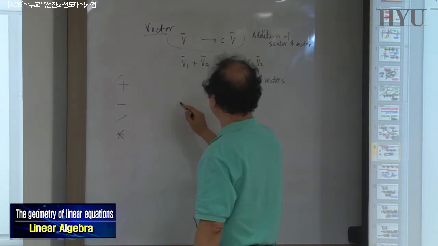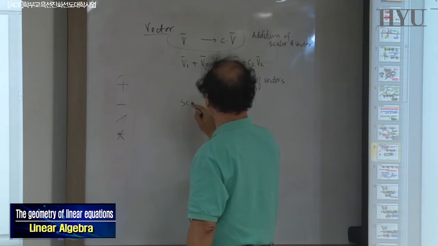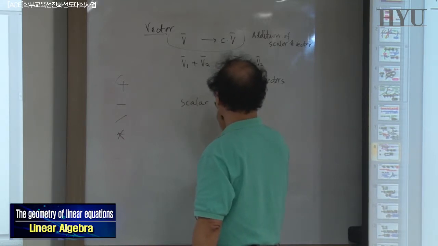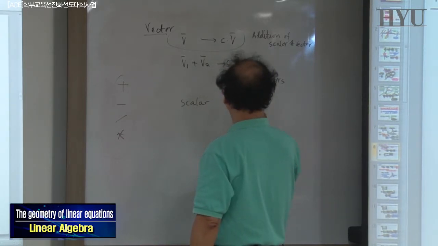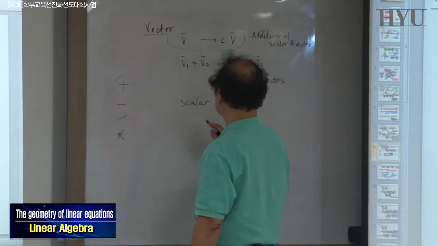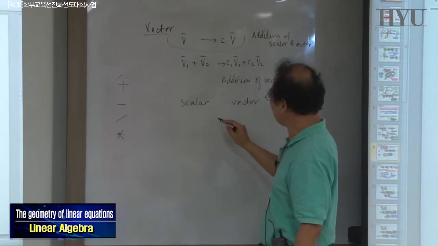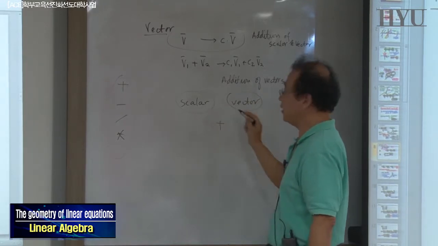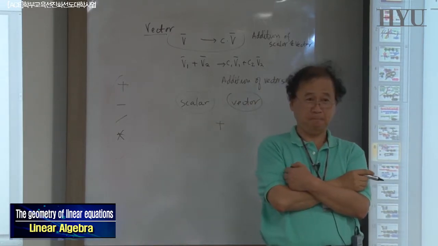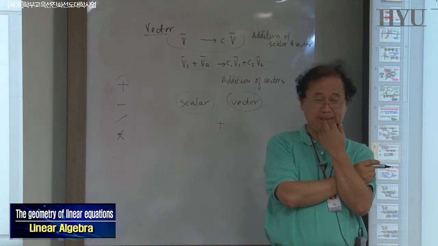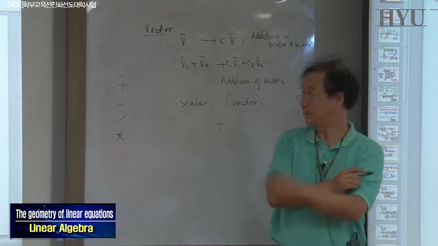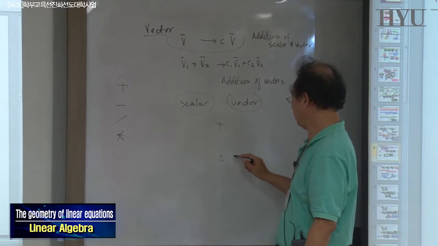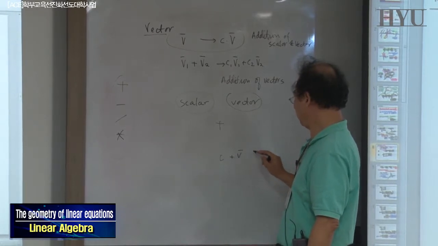Then here, between scalar and vector, is plus defined? For example, C is scalar, then it's vector.